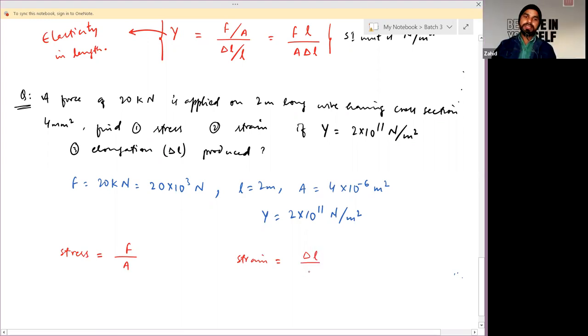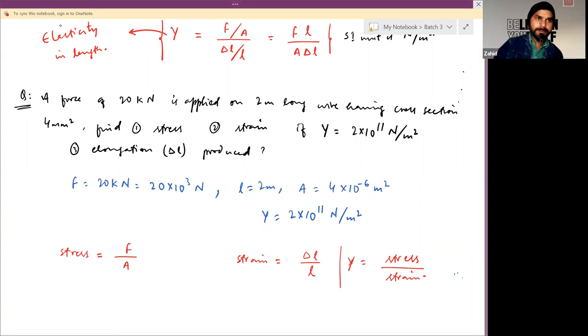Strain is equal to delta L by L, or you may use Young's modulus equals stress divided by strain. Just use these three different formulas to find all of them.